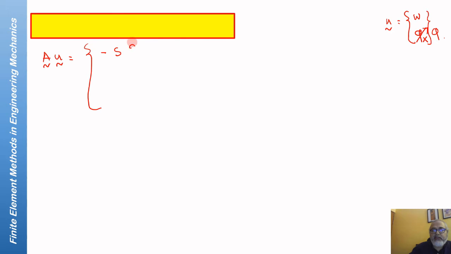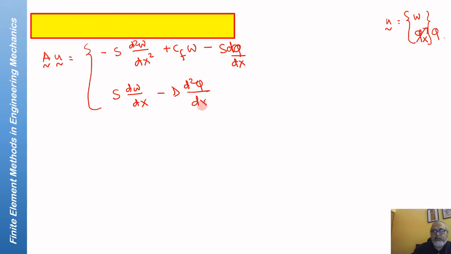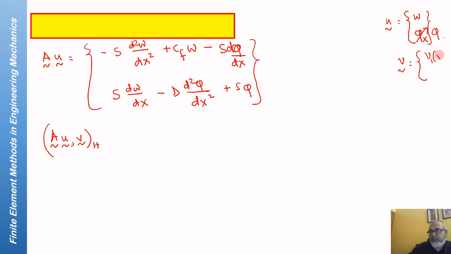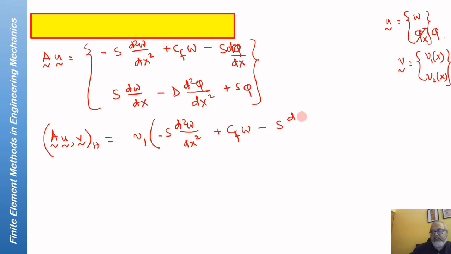So this is the first equation, and the second equation is this, so this is my AU, and now I need to calculate AU comma V. This is what I need to calculate, where V contains two arbitrary functions, V1 x and V2 x.